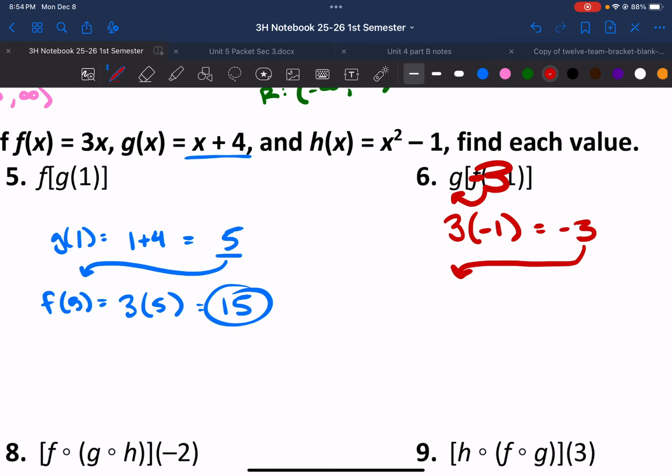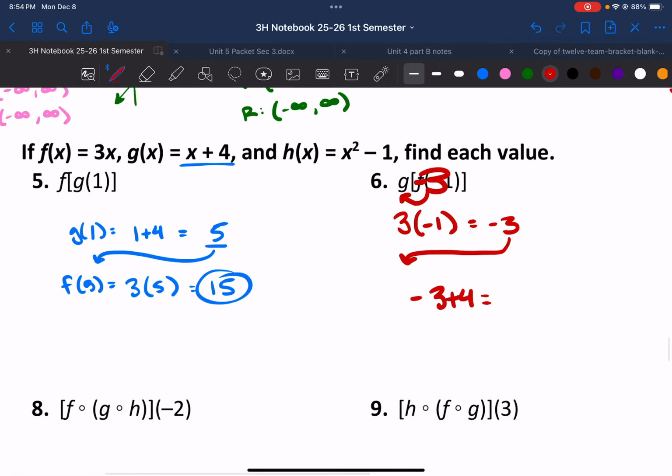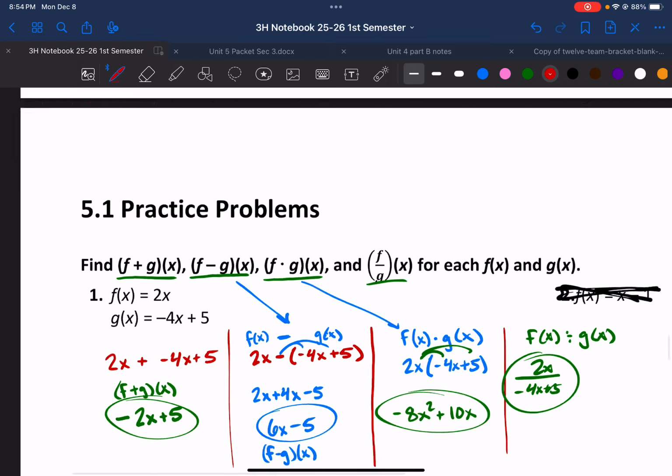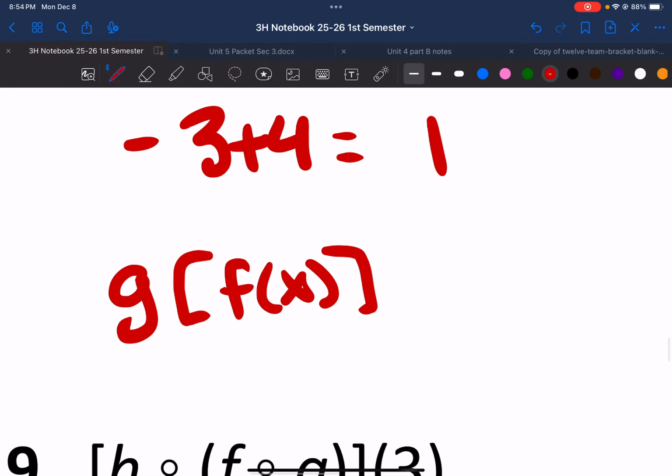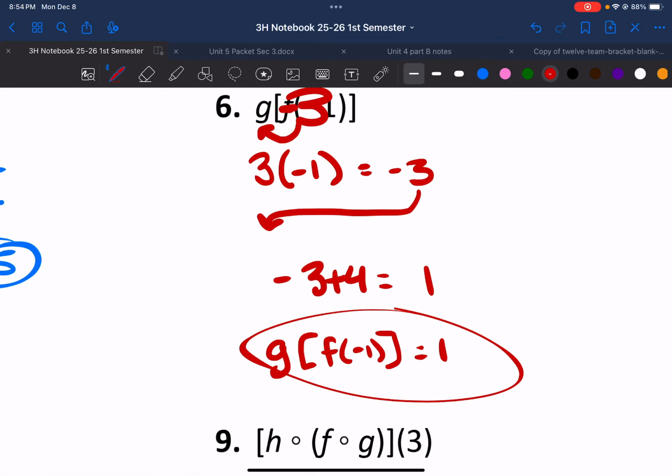Now I'm plugging -3 into G. It equals 1. So the notation we should be saying is G of F of X. No, not X. Whoa. Not X. -1 is the number we're plugging in. Equals 1.